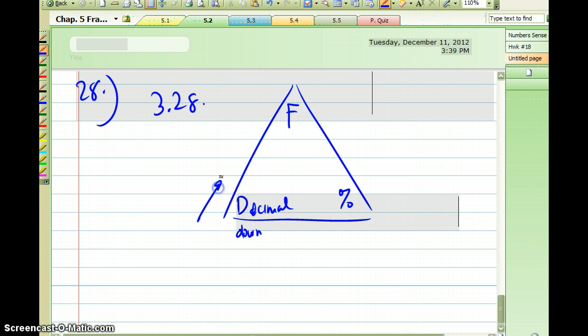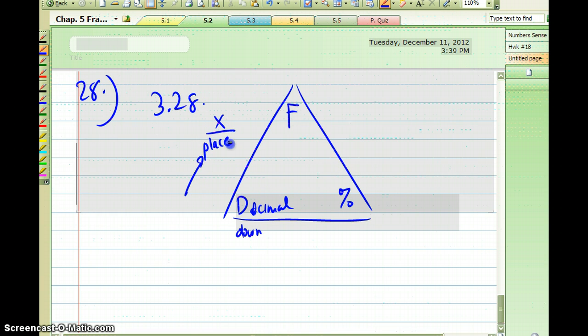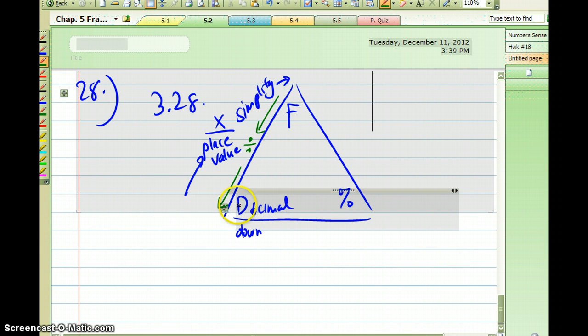When I change a decimal into a fraction going this way, I want to put the number over my place value. Okay, and then making sure that I always simplify when I get to my fraction. In the other direction, if you remember, when we go down, we divide when we go down. So that also helps you remember to divide when you go down to a decimal.